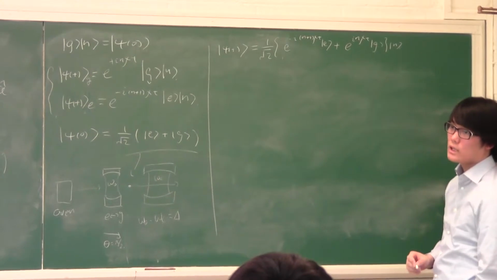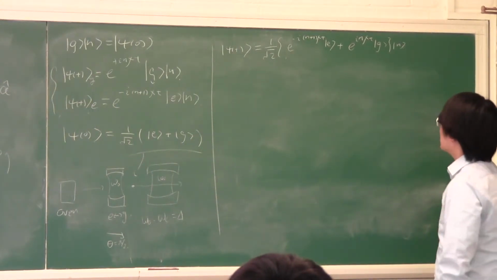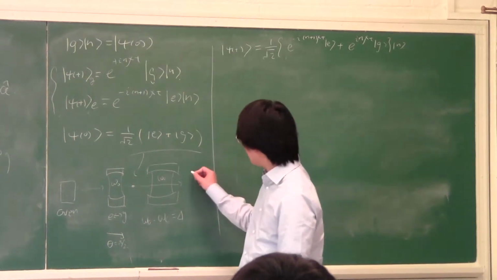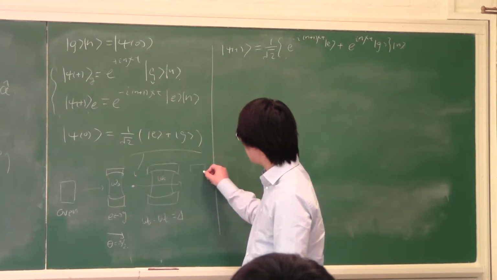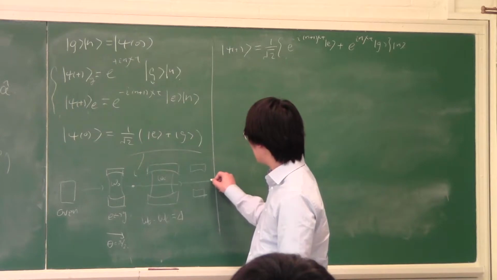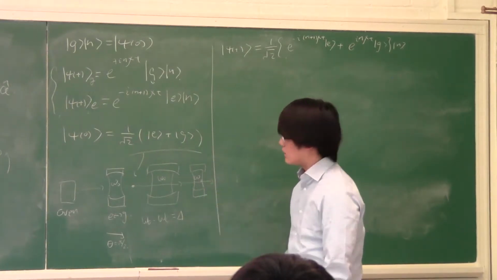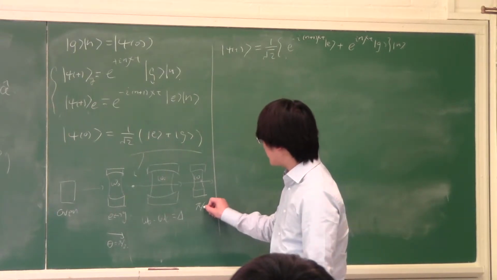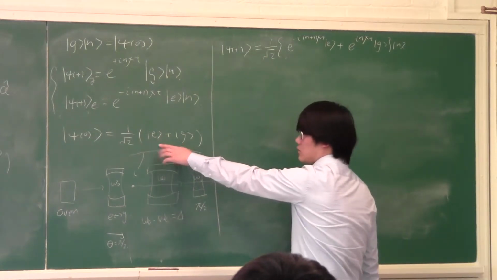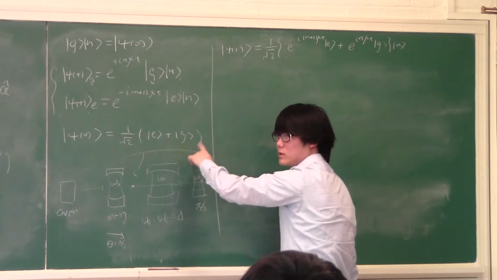Right, that's the whole thing, atom and field. Okay. So now, let me subject this to another cavity, another resonant cavity. So here it is omega naught again. Let me subject this to another pi over 2 pulse, which turns E to this, and turns G to minus E plus G, something like that.